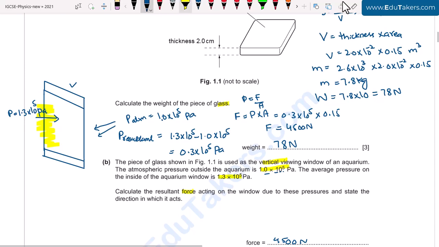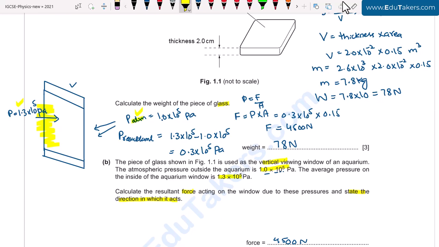In the question it is said that we also have to state the direction in which it acts. We know that there are two pressures: first is atmospheric pressure and second is the pressure inside the aquarium. The pressure due to the water is greater as compared to the atmospheric pressure.